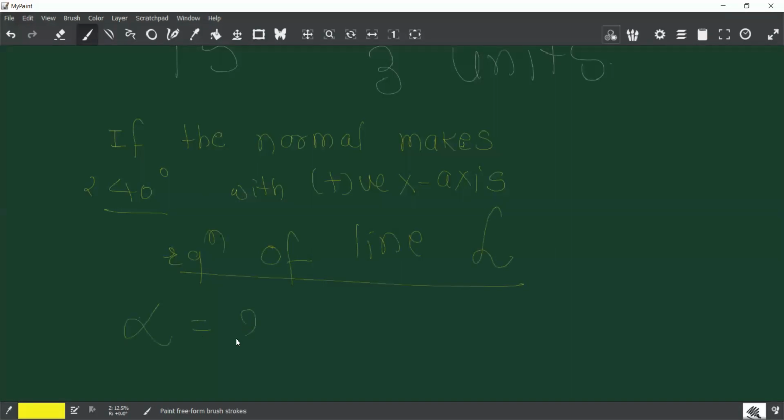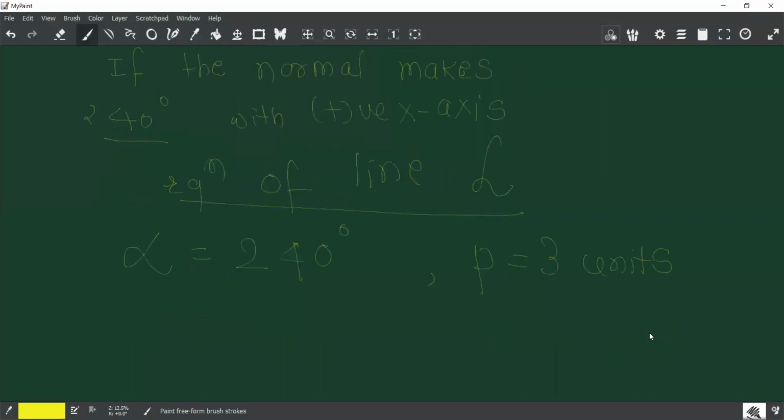Alpha is 240 degrees and p is 3 units. So don't you think it is x cos alpha plus y sin alpha?